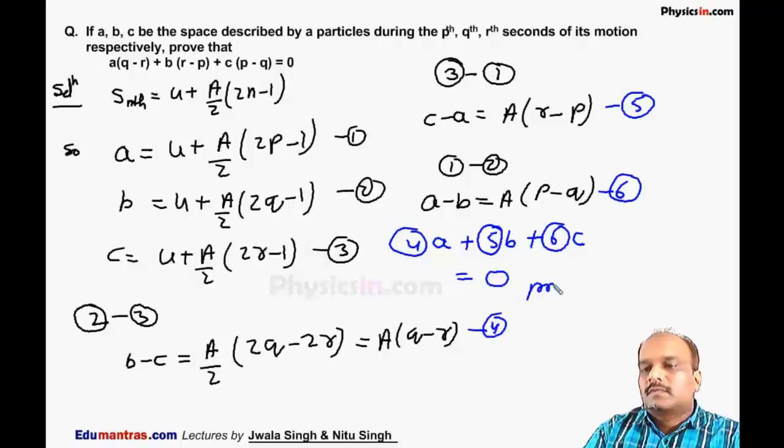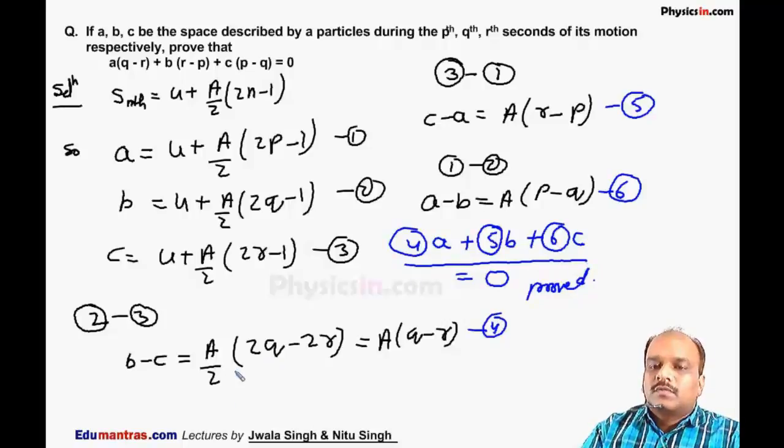This is the proof. Means we have to multiply this expression by A, this expression by B, this expression by C, and if we add these three, then we get 0.